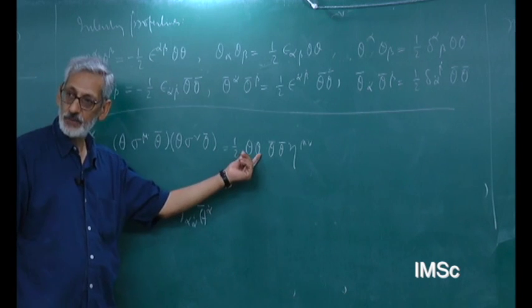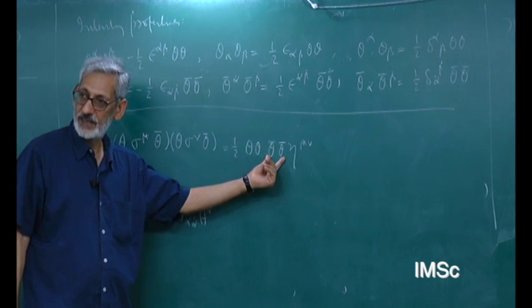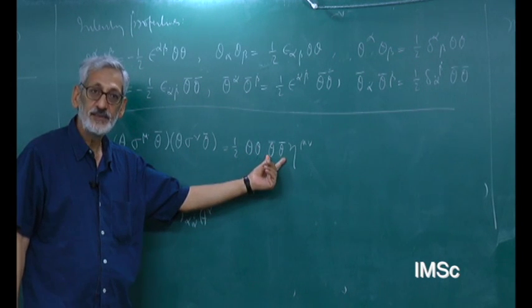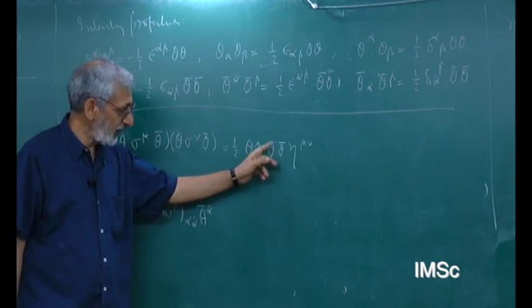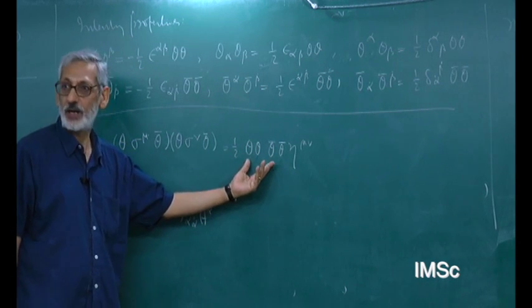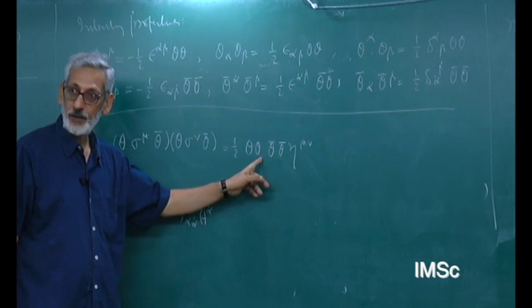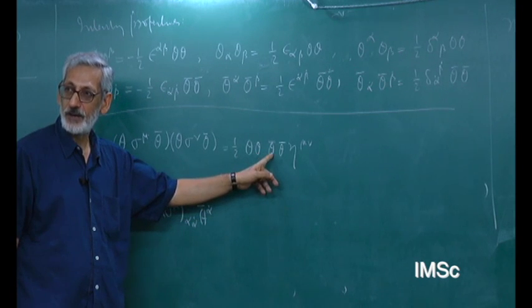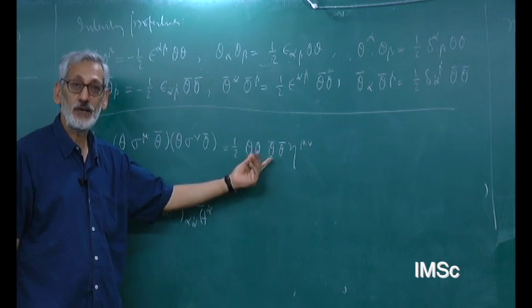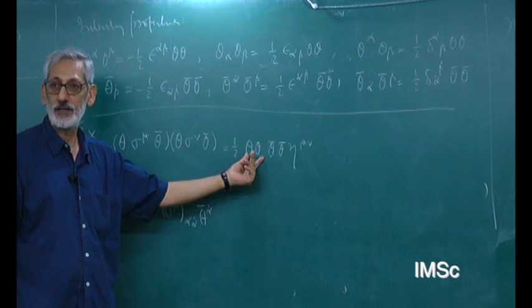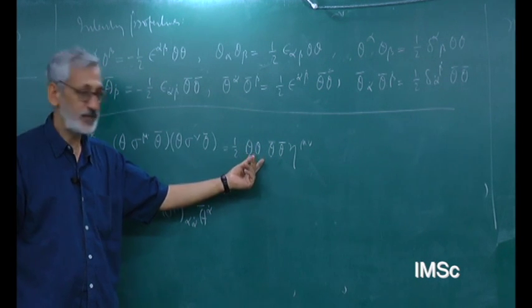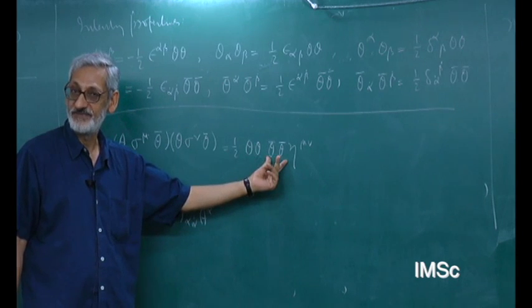This is contraction of two thetas, contraction of two theta bars. I would not put brackets to indicate that, but from context you know it, because you cannot make a contraction between theta and theta bar. Is this notation sufficiently clear, or do you want me to put brackets to make sure that you understand? This is contraction of two thetas and contraction of two theta bars.